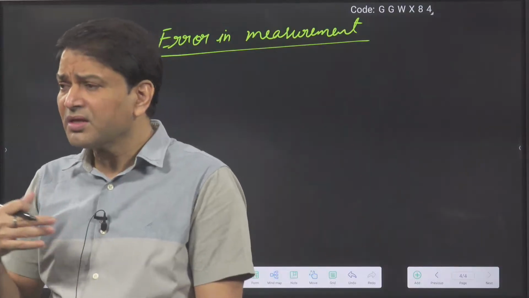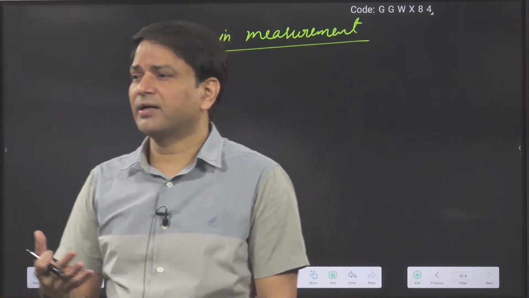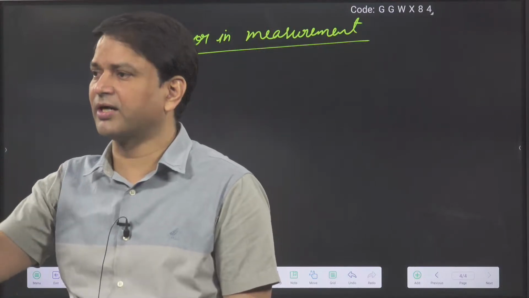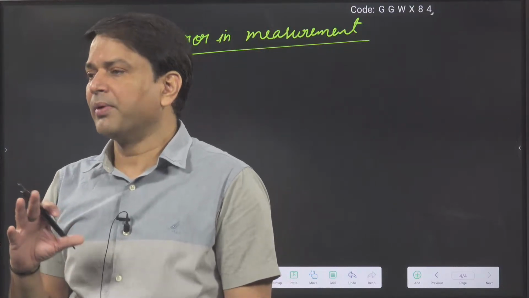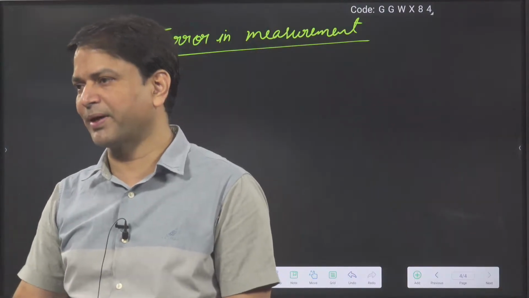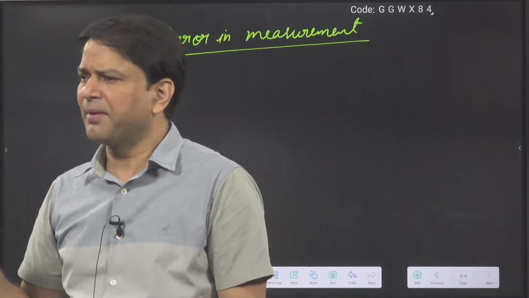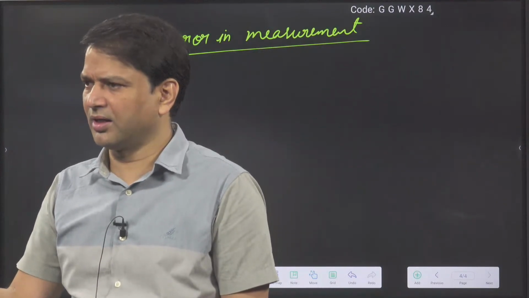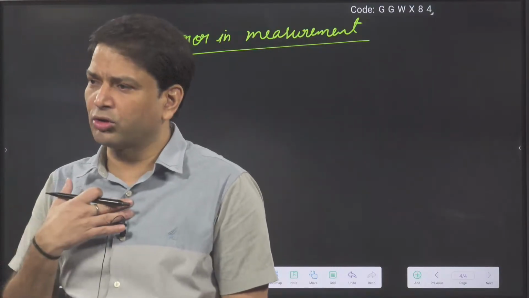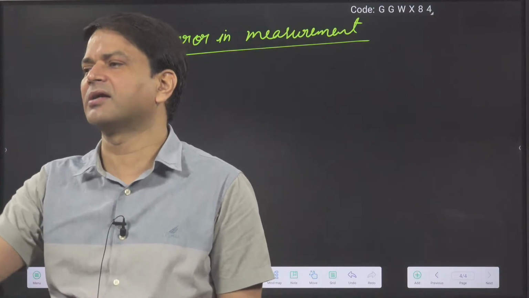Okay, suppose we know that in the method I am using to find the distance between earth and moon, the maximum error can be 100 kilometer. It means the true distance may be more or less than 20,000 kilometer, but I know that the maximum error in this method is 100 kilometer.